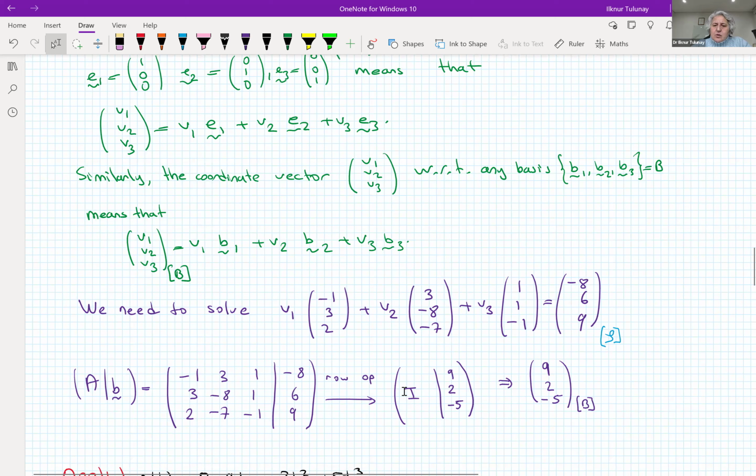Then you will get the augmented matrix in reduced echelon form, with the identity matrix here, 1 on the diagonal and zeros elsewhere, and then 9, 2, minus 5. This means that v1 is equal to 9, v2 is equal to 2, v3 is equal to minus 5. So this vector is the coordinate vector of this vector with respect to the basis B.